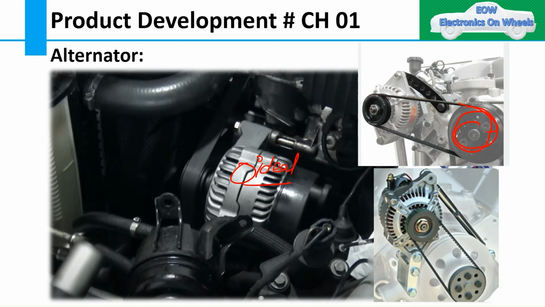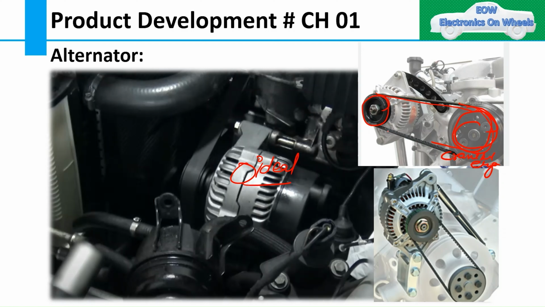You see how it is connected through the belt to the pulley, and this crankshaft or engine pulley is going to rotate your alternator, and because of that it is going to generate the electricity. First it creates the AC and then it goes to DC through the voltage regulator. This is the basic function. I hope you might be aware of this.